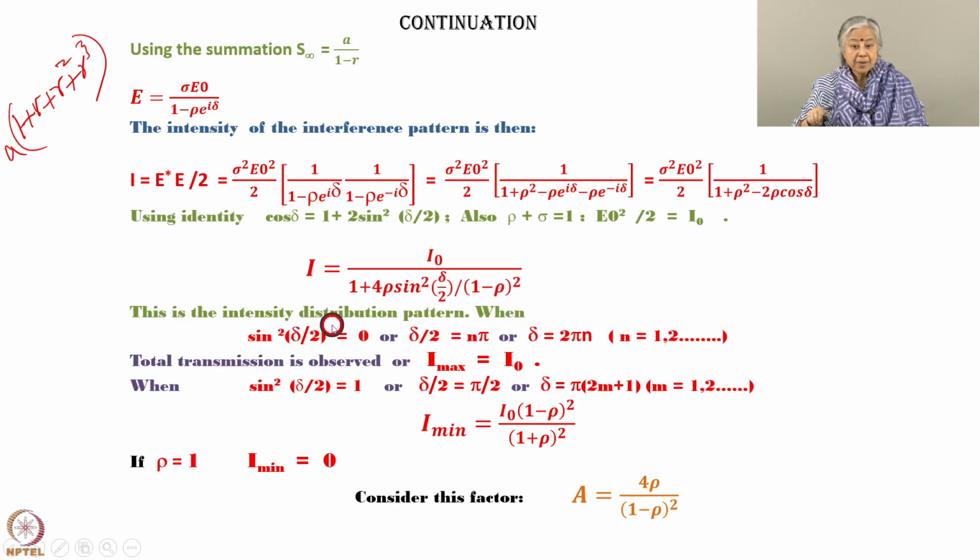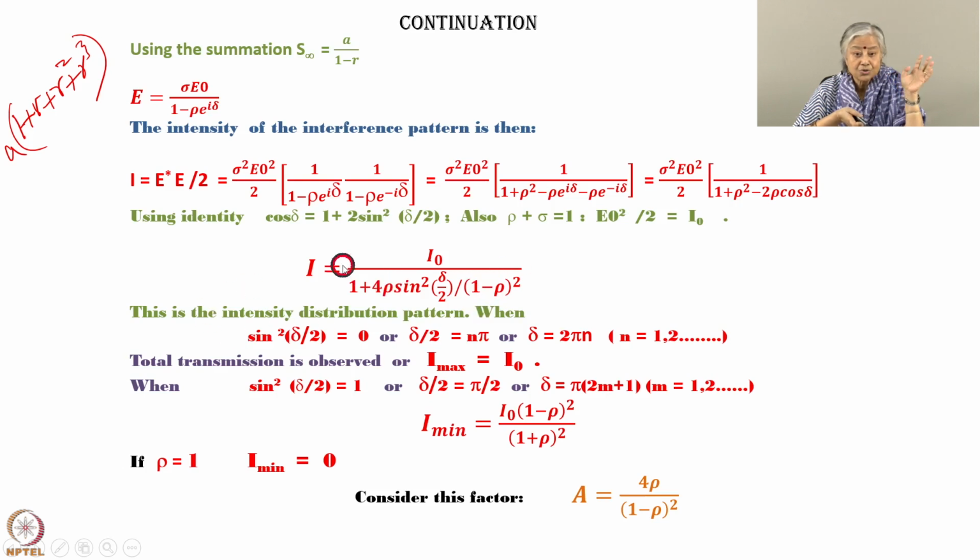Now, remember that in all this process I have got rid of the sigma part. That means the sigma part has been eliminated, so we do not really have to think about the transmission coefficient at all. My intensity pattern depends only on the reflection coefficient rho.